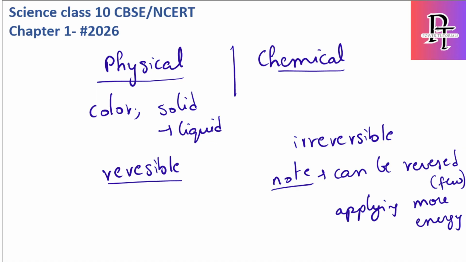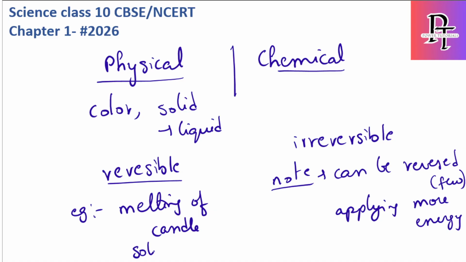If there is any change in color or any change of solid to liquid state, one example is melting of a candle. Melting of a candle comes under physical change. Why? Because solid wax is converting into liquid wax. That is called melting. So this comes under physical reaction, whereas burning of a candle comes under chemical reaction.